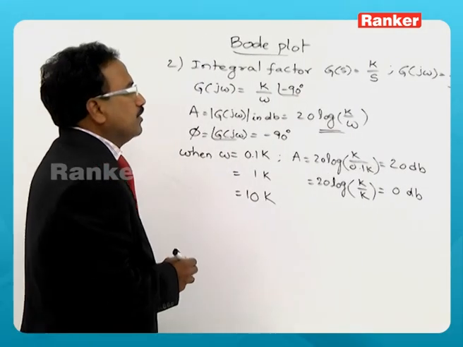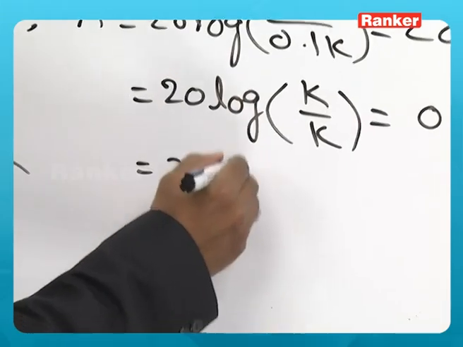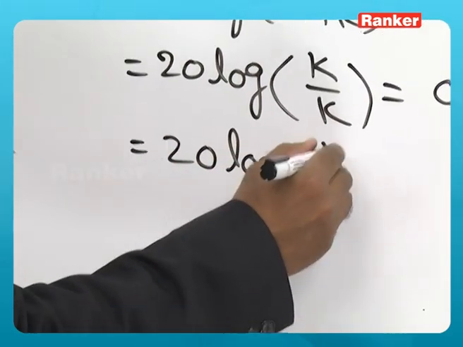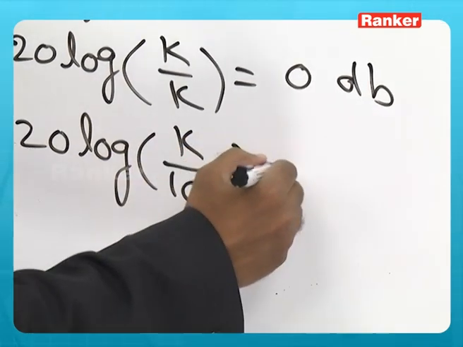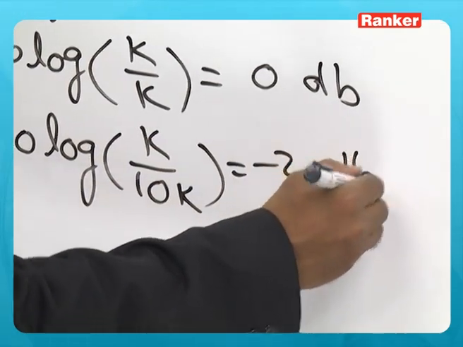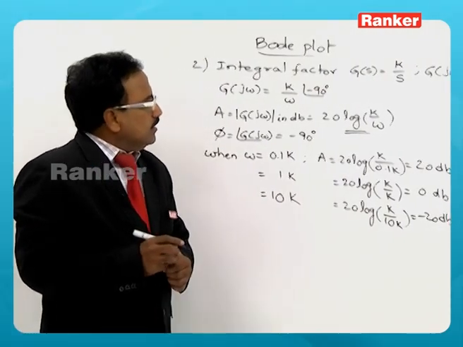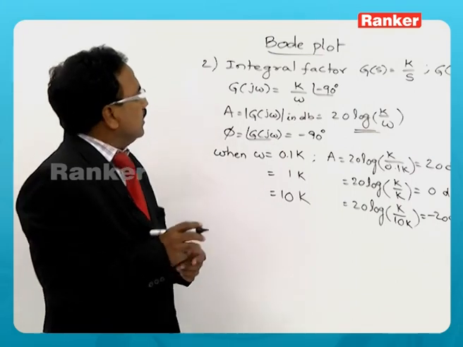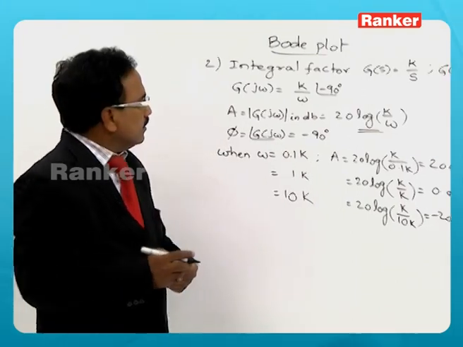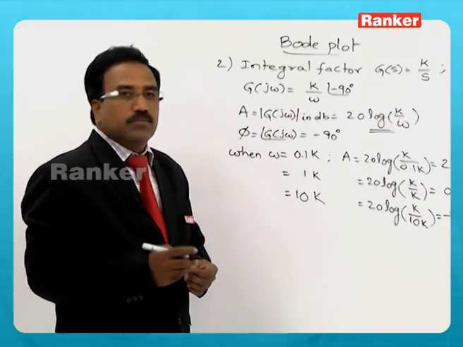Now, when ω equals 10 K, it is 20 log K by 10 K, so it is minus 20 dB. So, what do you understand here? That it is a straight line. The magnitude of the integral factor is a straight line and it has a slope of minus 20 dB.